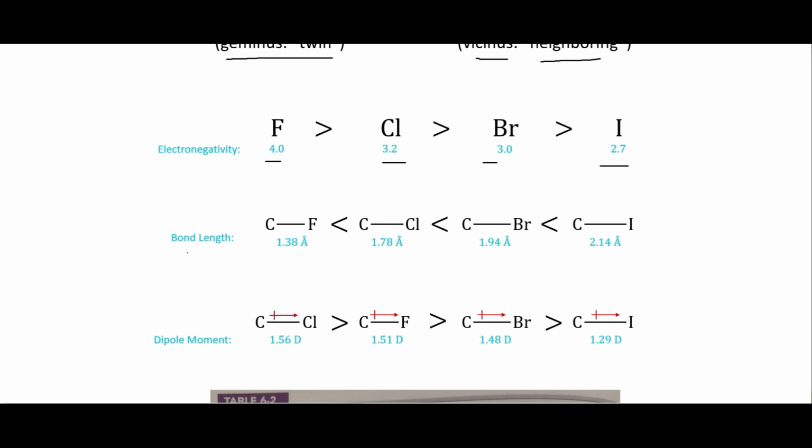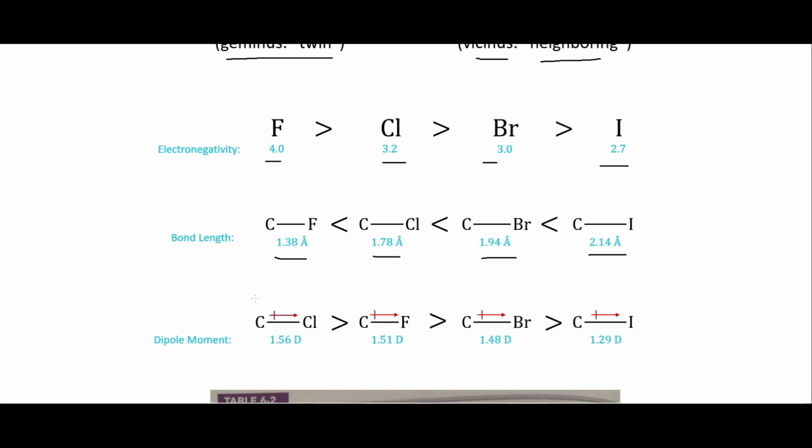And so that's also going to affect the bond length, where things that are more electronegative are going to have shorter bond lengths. And so the carbon to fluorine is 1.38 angstroms, to chlorine is 1.78, to bromine 1.94, and then to iodine is 2.14. And so we have increasing bond length as we go down that column, the halogens.